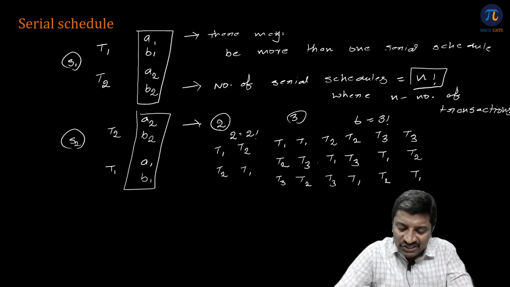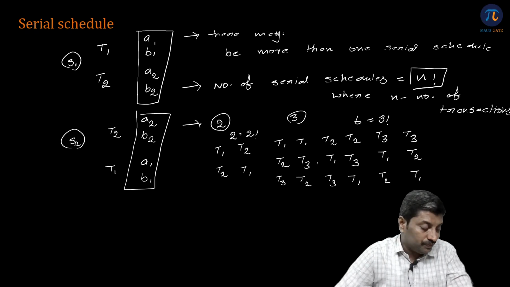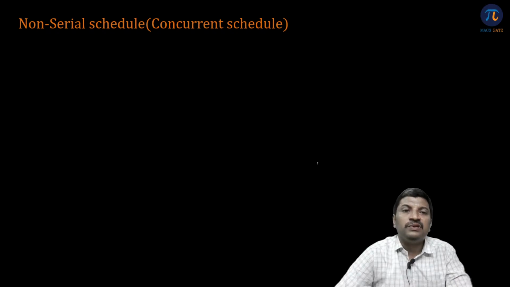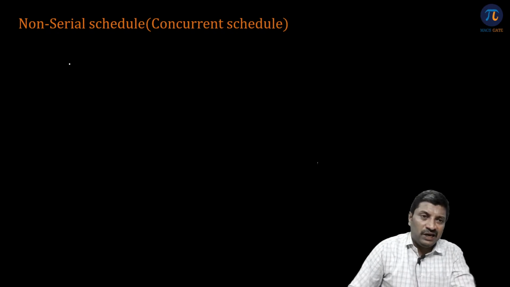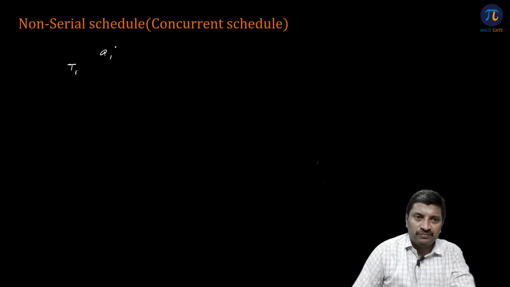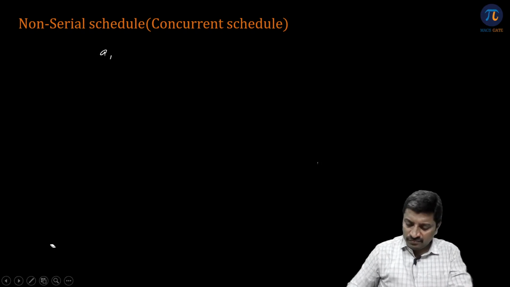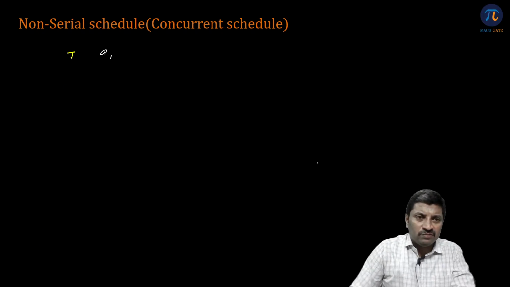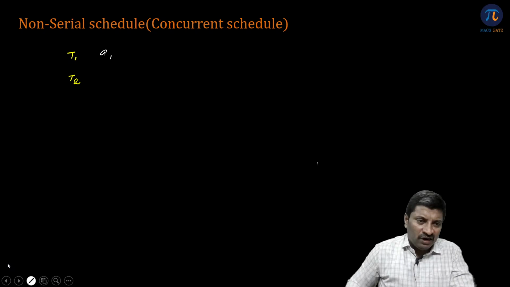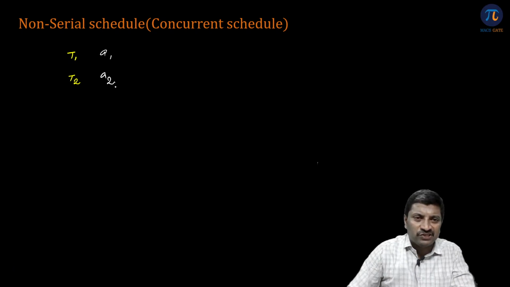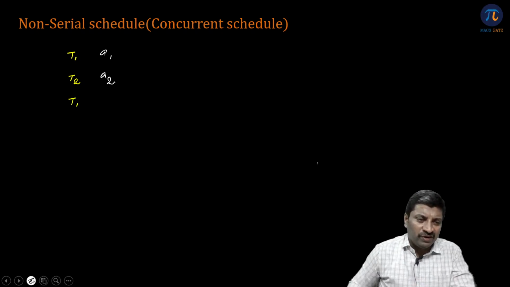Now let us go for the next one, non-serial schedules. As I explained, I will do the first operation from the first transaction. Then I will switch to the second transaction and do the first operation of the second transaction. Again, I will switch to the first transaction and do one operation.